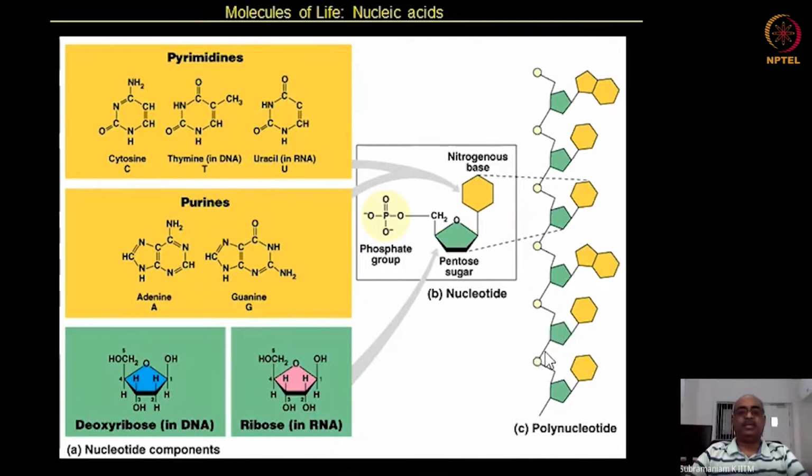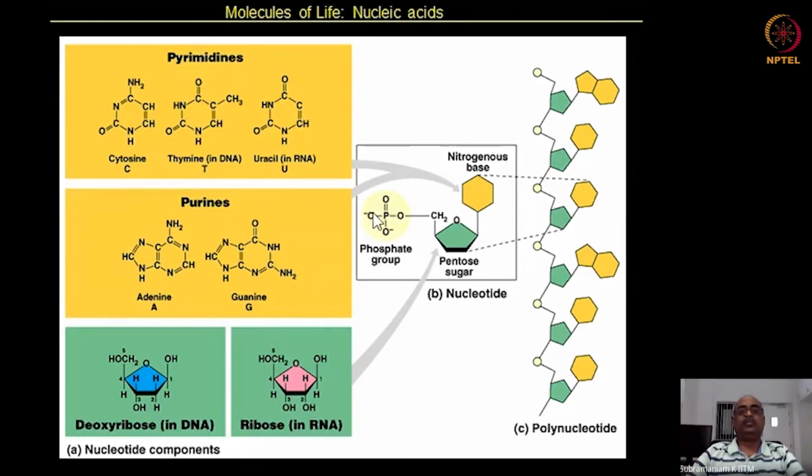This phosphoric acid, this ribose sugar, and this nitrogenous base, all three put together, as shown in this enlarged cartoon, form a nucleotide: a nitrogenous base, a pentose sugar, and a phosphate group attached to it. The phosphate group is H3PO4, so you have 3 acid groups.